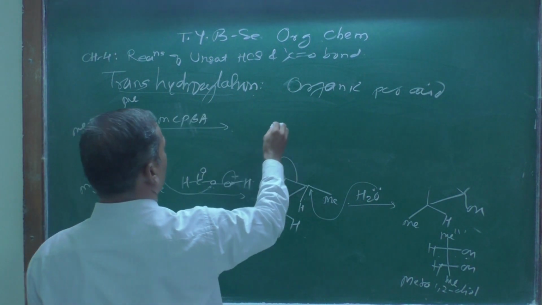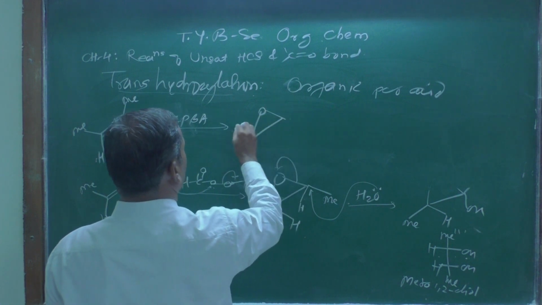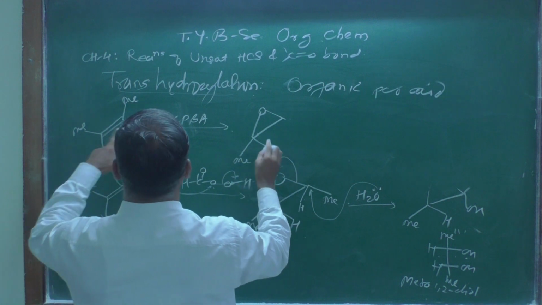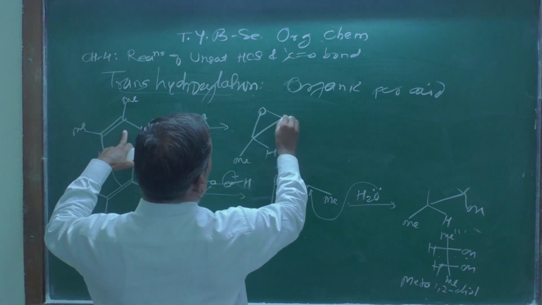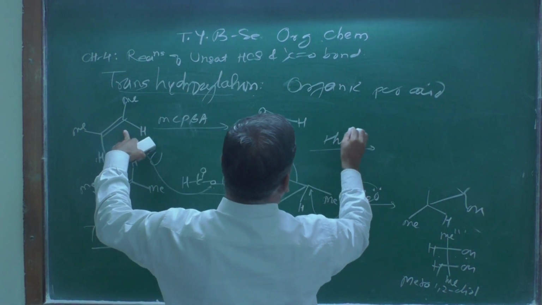And what is going to happen? There is a formation of the intermediate, that is epoxide formation takes place here. Me here, H, and then Me here, and the H you can write. And now that will be treated with water, H2O.